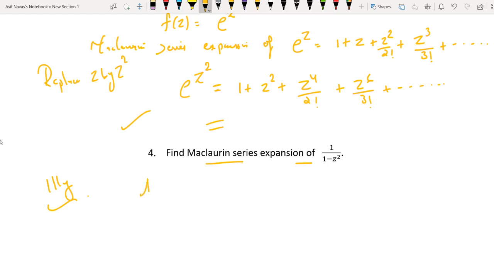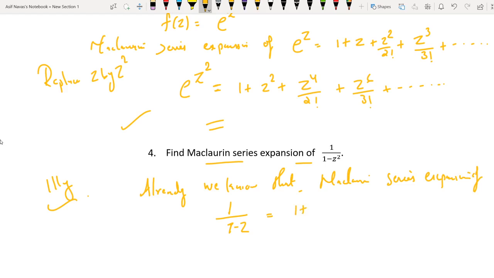So we already know that the Maclaurin series expansion of 1 by 1 minus z is equal to 1 plus z plus z square plus z cube plus etc. So which implies, what will be the expansion of 1 by 1 minus z square?